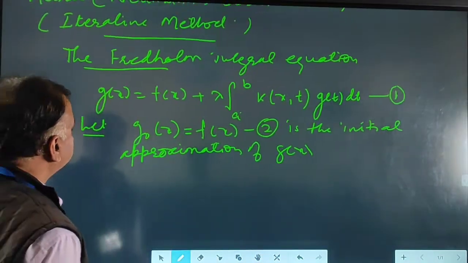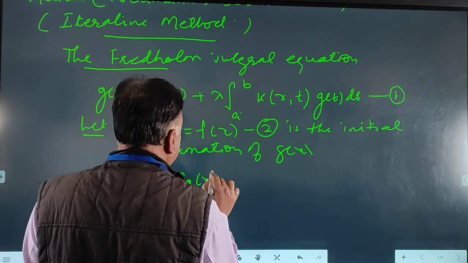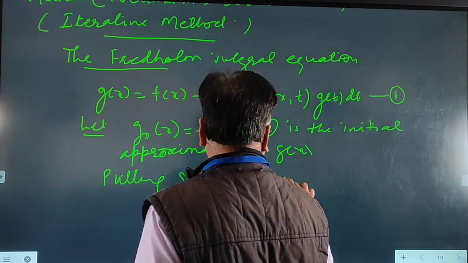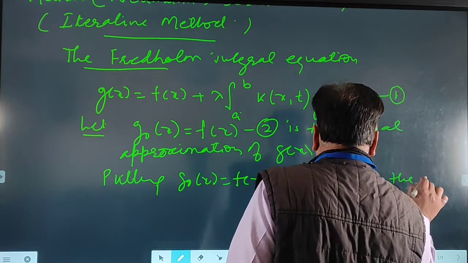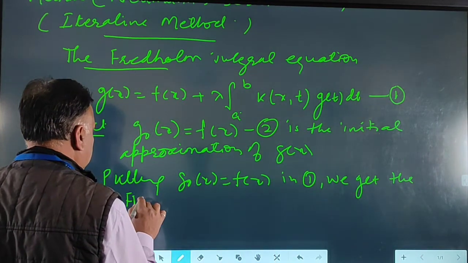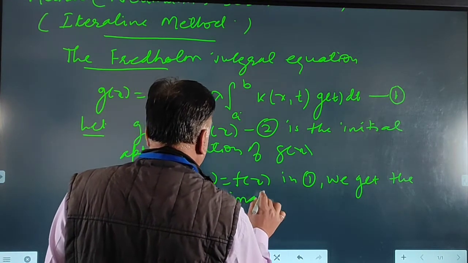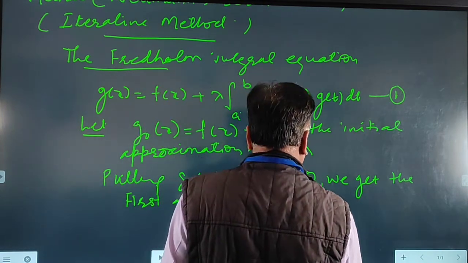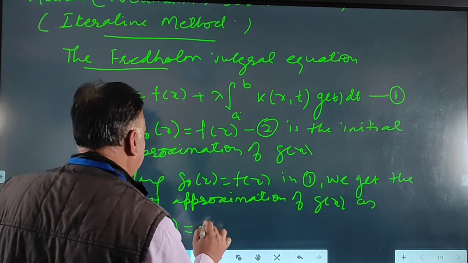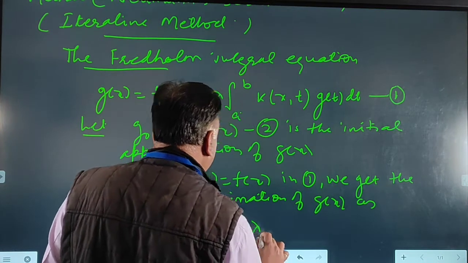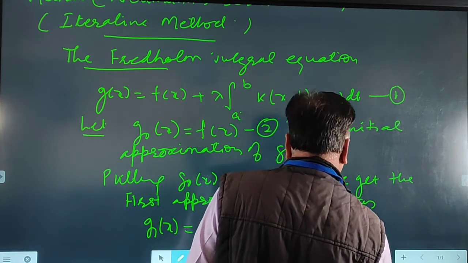So putting g0(x) = f(x) in 1, we get the first approximation of g(x): g1(x) = f(x) + lambda integral a to b K(x,t) g0(t) dt.